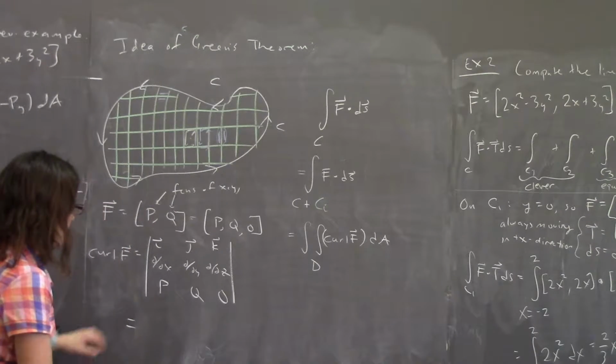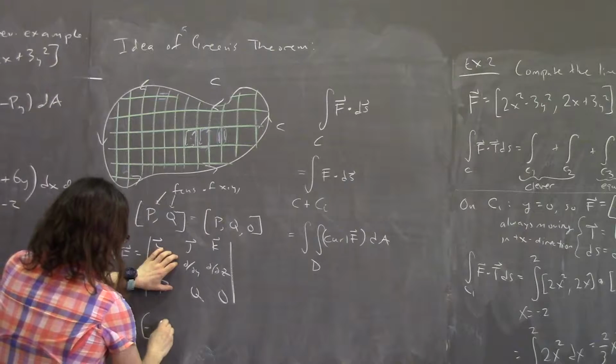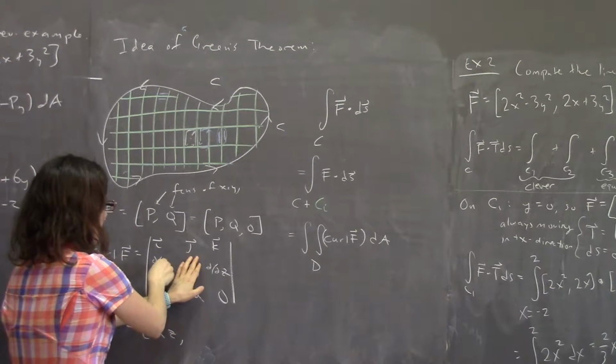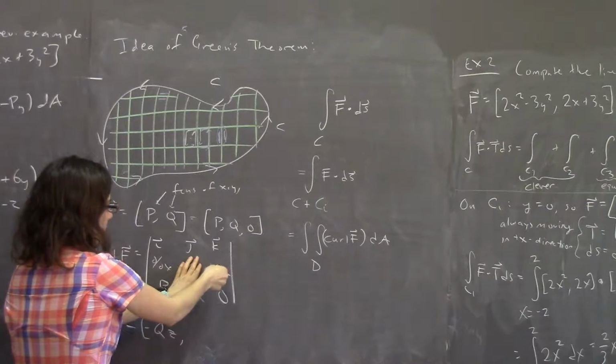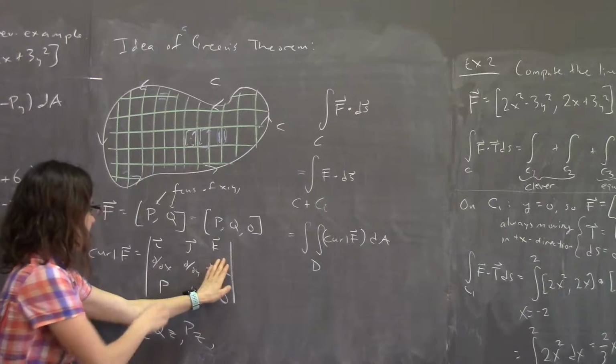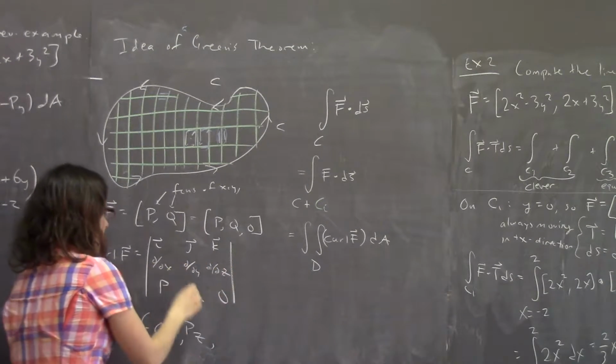The first component is the derivative of 0 minus Q_z. The next one is negative derivative of 0, now plus P_z. And the last component is partial with respect to x of Q minus partial with respect to y of P.